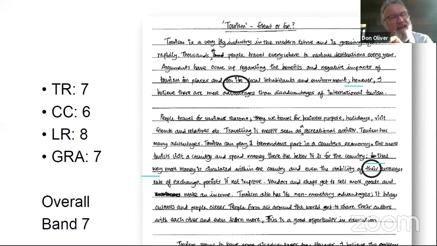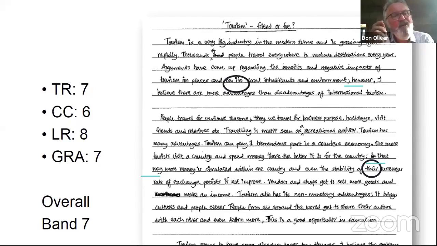Do you see here again? It's confusing. This person really should have said on countries, plural, and their currencies. That would be okay.